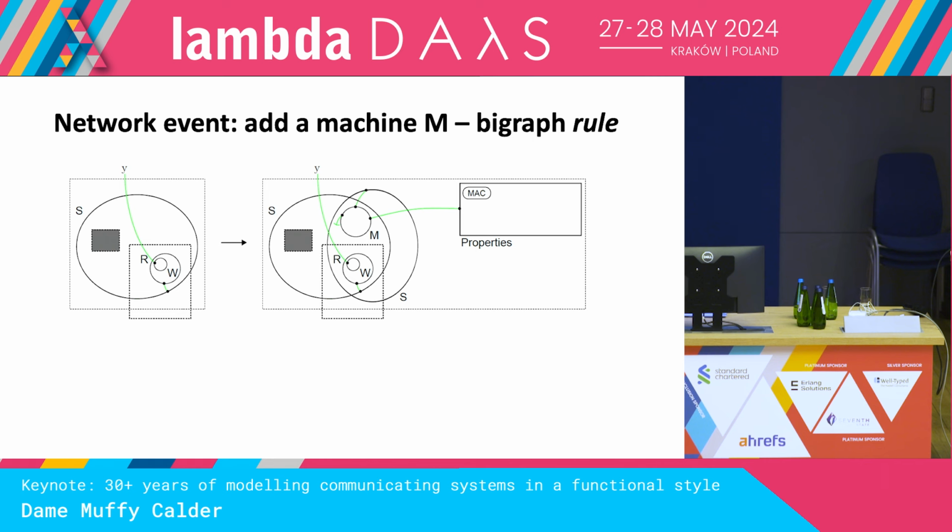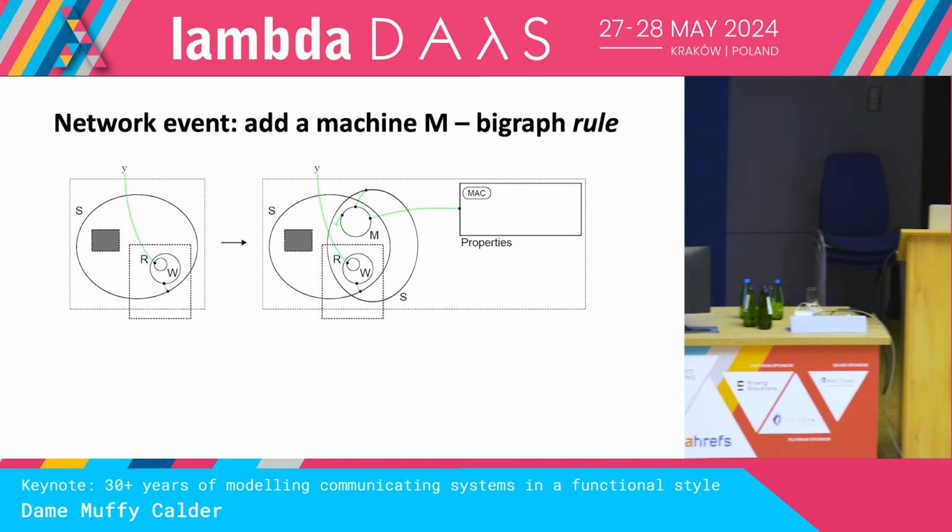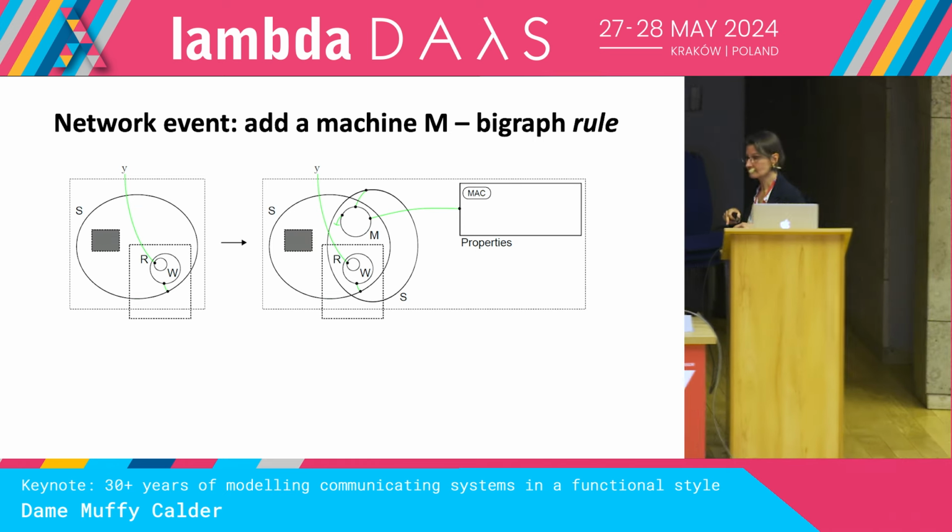So we then define rules. Here's a rule that says how I can add a machine into a network. On the left is a bigraph which has a machine, a router and a signal. There's also this black thing, which basically says anything else you want to substitute in there.